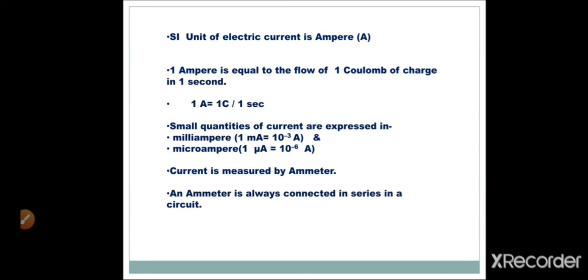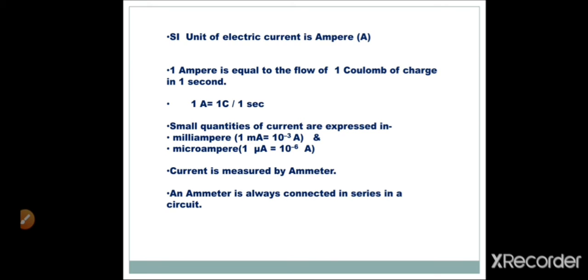Small quantities of current are expressed in milliampere and microampere, where 1 milliampere equals 10 raised to power minus 3 ampere, and 1 microampere equals 10 raised to power minus 6 ampere.